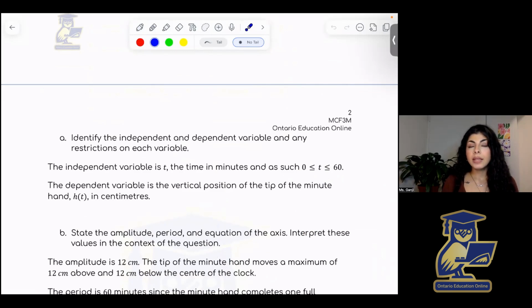Yes, it's true that the minute hand can keep rotating past the 60 minutes, but we only want this cycle. So we are restricting our domain, given the context of our problem, to 1 hour only. And the dependent variable is the vertical position of the tip of the minute hand, which is our function h of t, in centimeters.